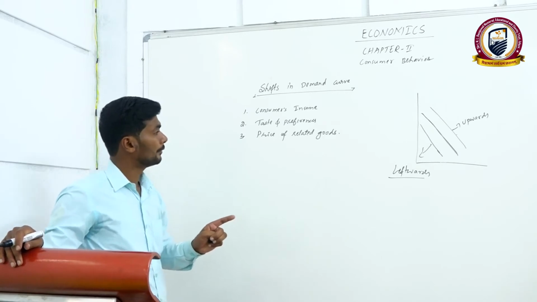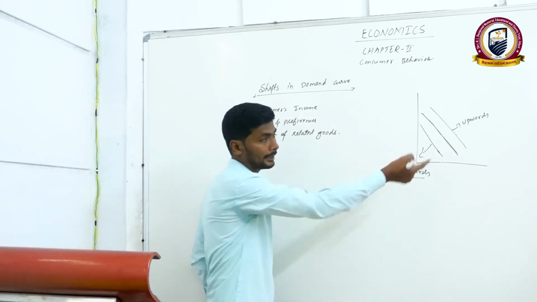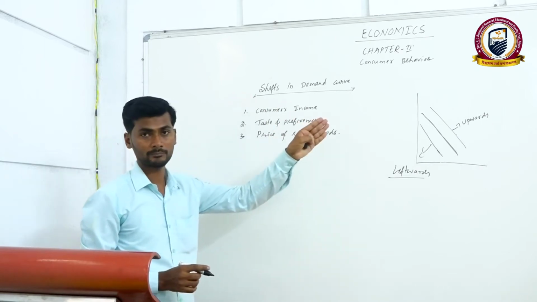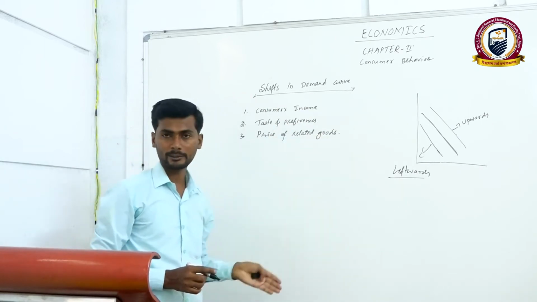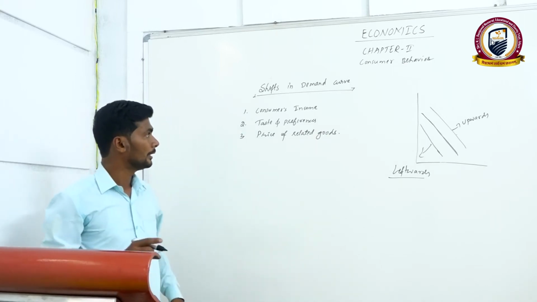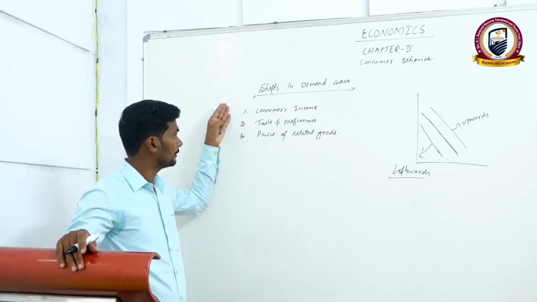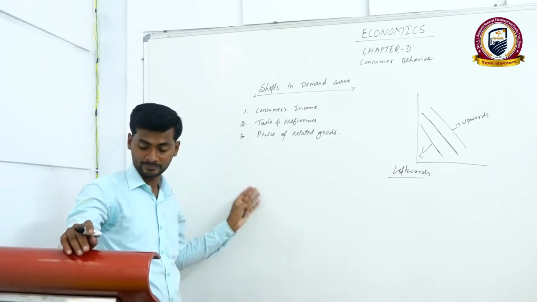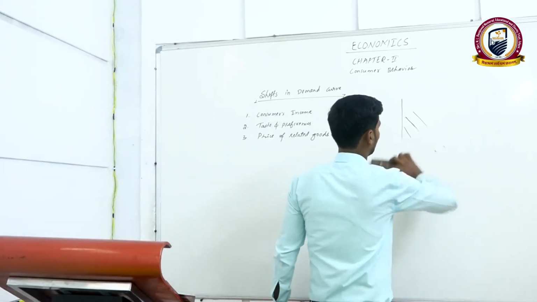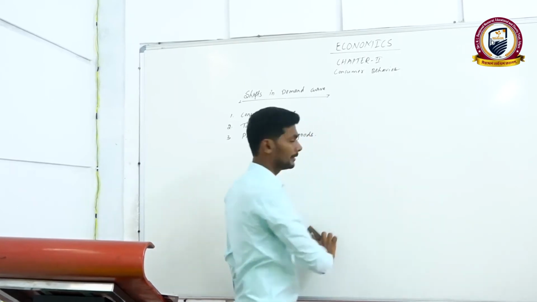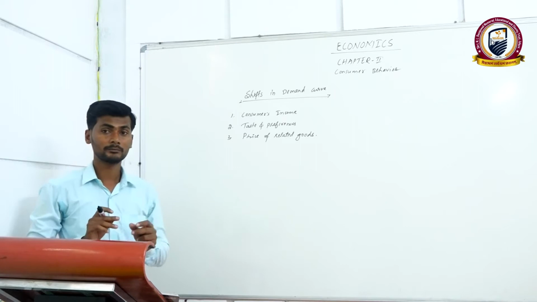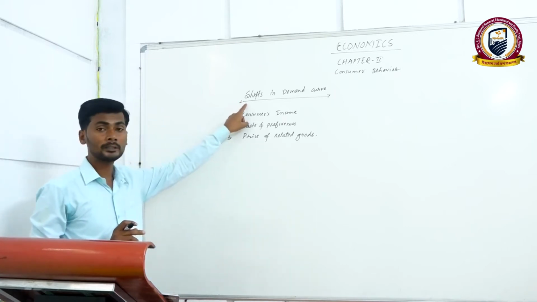Now the question is, when will the demand curve shift, upwards or leftwards? You are already aware that these are the other things. When changes in other things happen, the demand curve will shift.